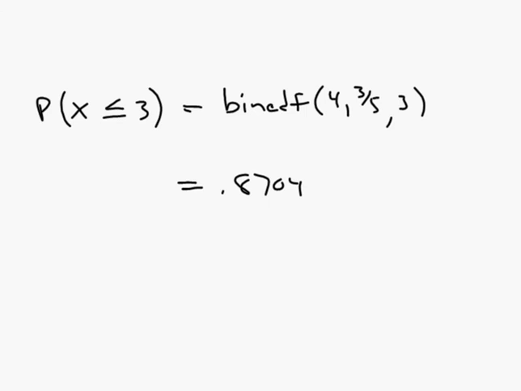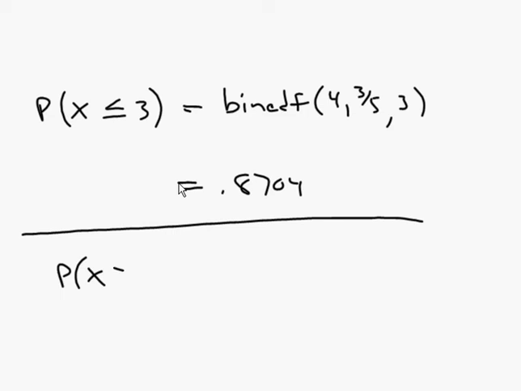Now, there are some limitations. What if I asked, what's the probability that x is greater than 2? In other words, that I get more than 2 shots out of 4 in. The CDF only does less than or equal to, so for a lot of these problems with a greater than, you're going to have to rewrite them.